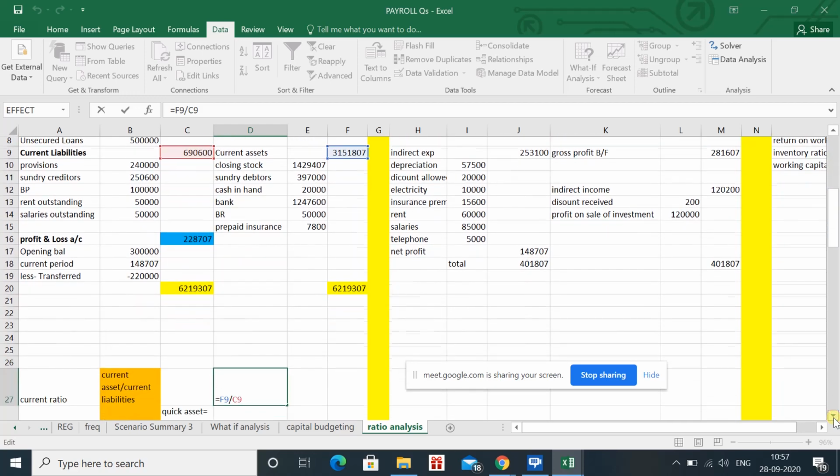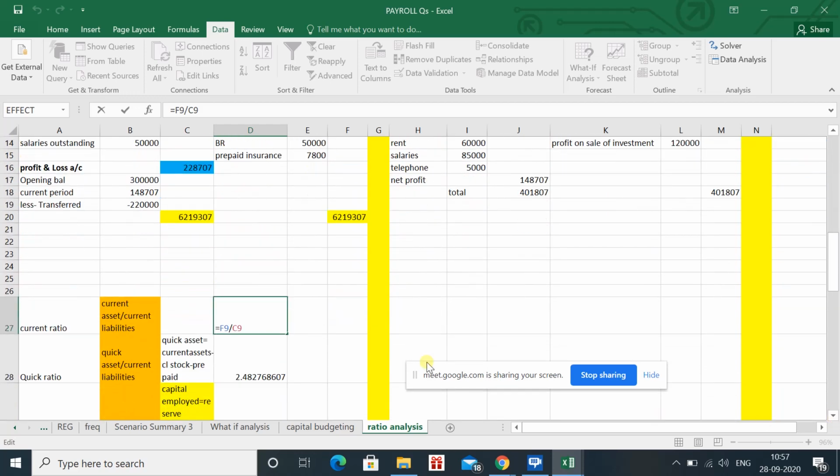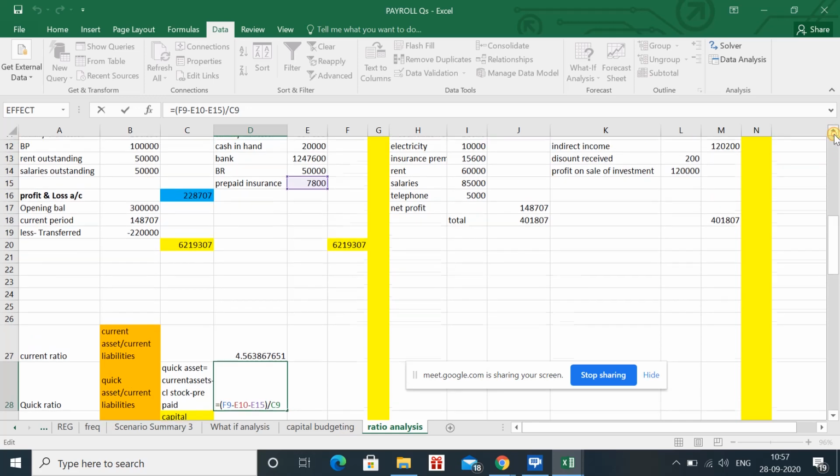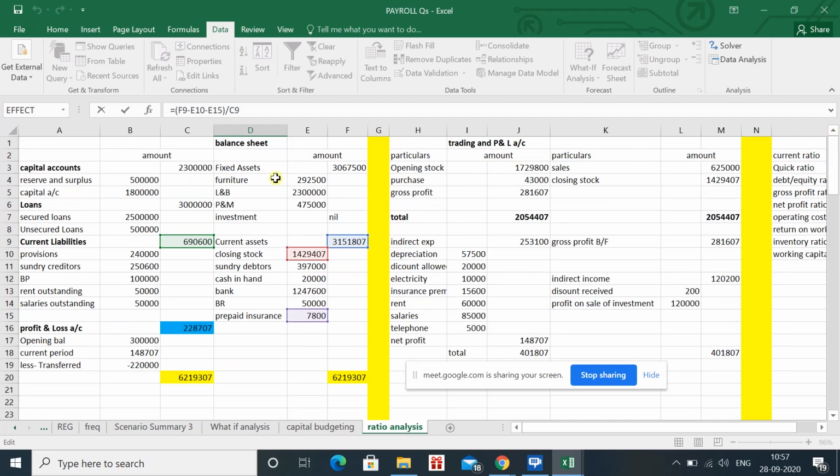Now we are moving to the next formula that is related to the quick ratio. In quick ratio we discuss that current asset minus closing stock minus prepaid expenses divided by current liabilities. Now you can check what all they have selected. You can see the formula in the formula bar.